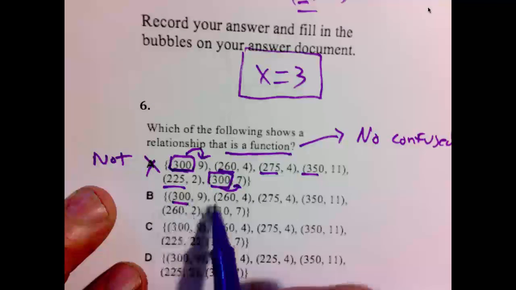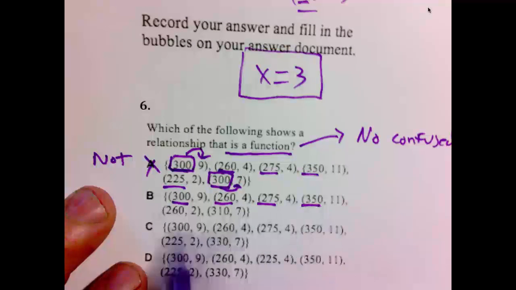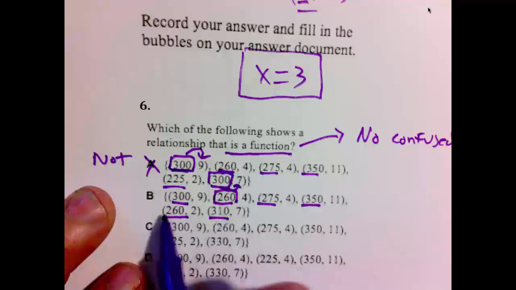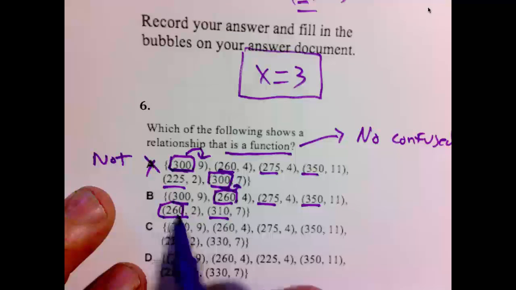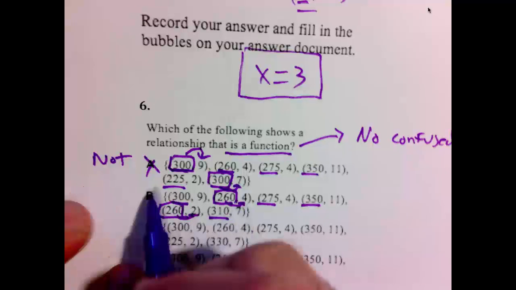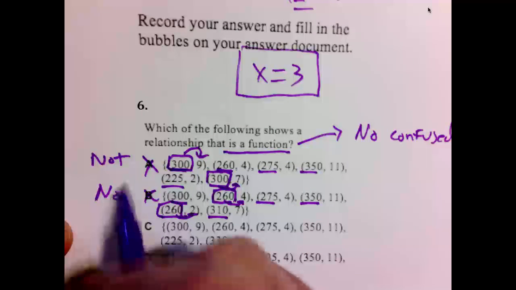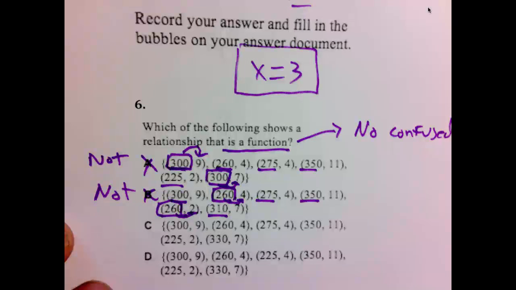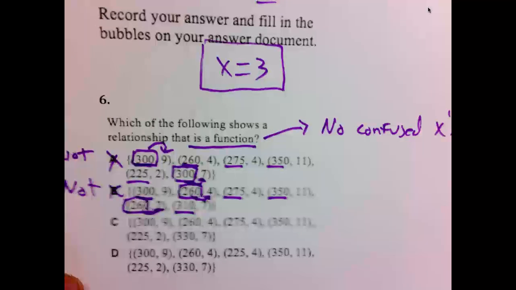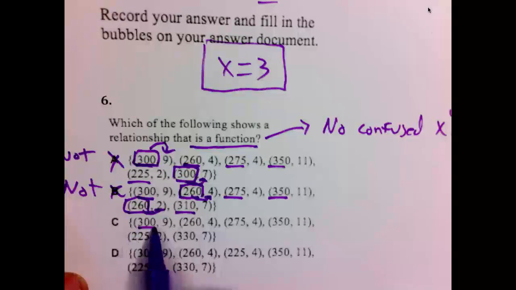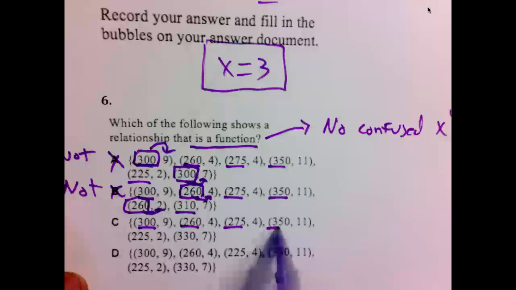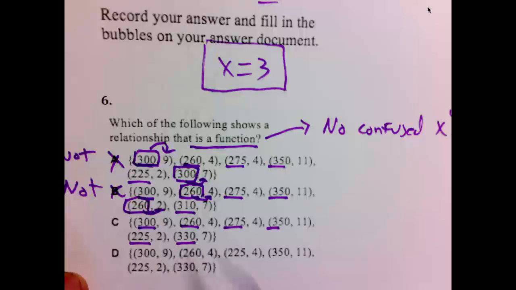B, 300, 260, 275, 350, 260, 310. Yep, 260. 260 has 2 pairings. 260 is going to 2, 260 is going to 4. Not a function. So you can see it's all about the x's in this case. Alright. C, 300, 260, 275, 350, 225, 330.